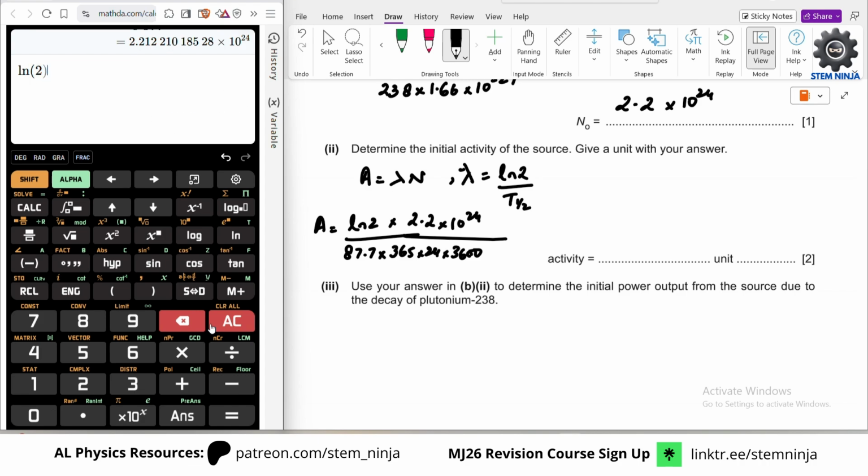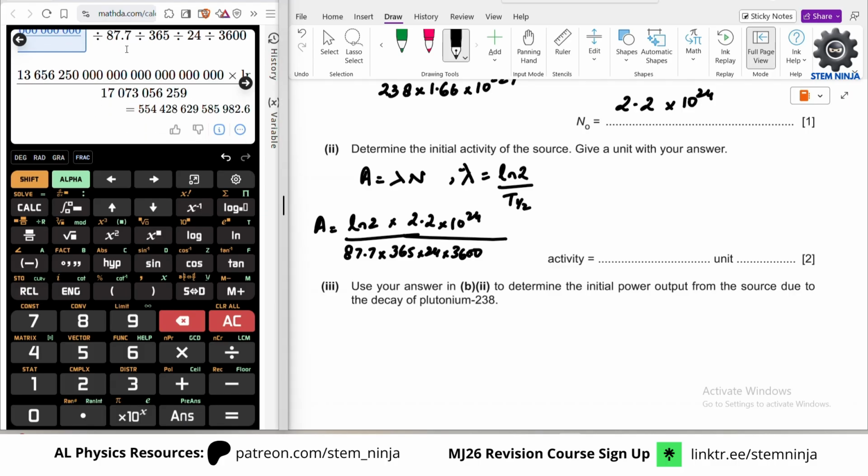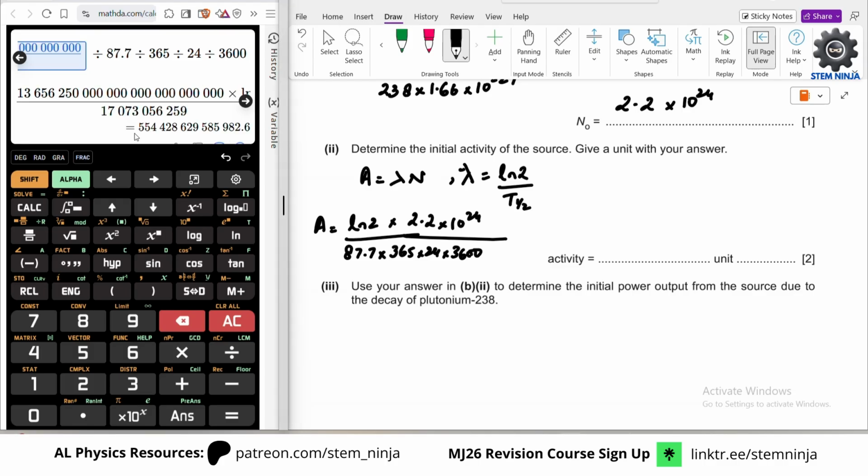So ln2 times answer divided by 87.7 divided by 365 divided by 24 divided by 3600, we get 554.